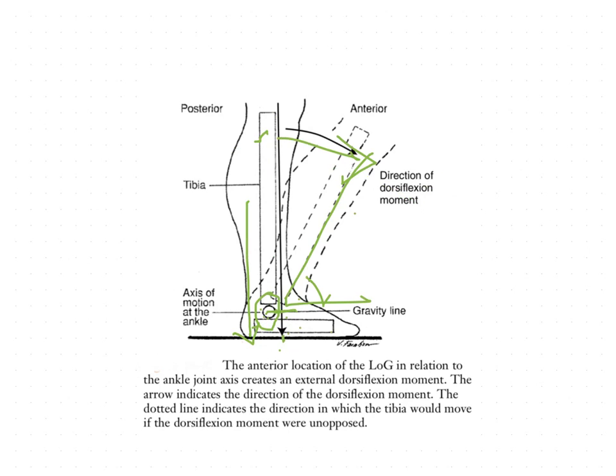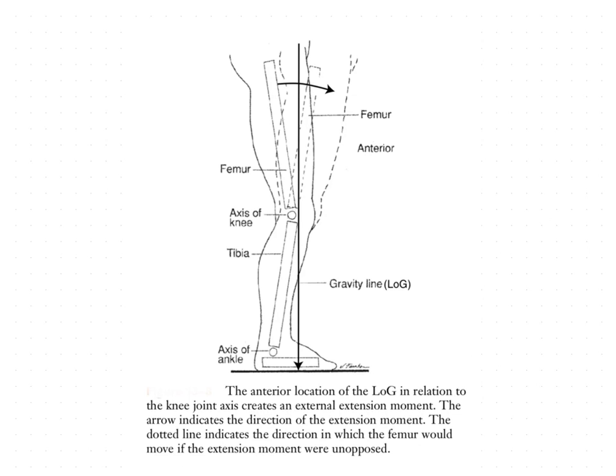Now another example we can see to understand this. If you see the gravity line falling on the anterior aspect of the knee joint, what is going to happen here? If the LOG passes anterior to the axis of rotation of the knee joint, the external gravitational moment will tend to rotate the femur, that is the proximal segment.